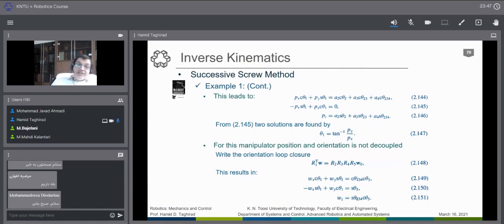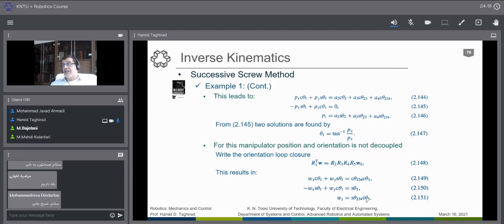The number of equations is sufficient, but it is not clear that we can find the solution quite easily or not. But as you see again, here we have one example which is very, very simple, and that's why we are using W0. If we use U or V, the equation would not be that simple. We have the sine of theta here, and we also have the cosine of theta 5 here.